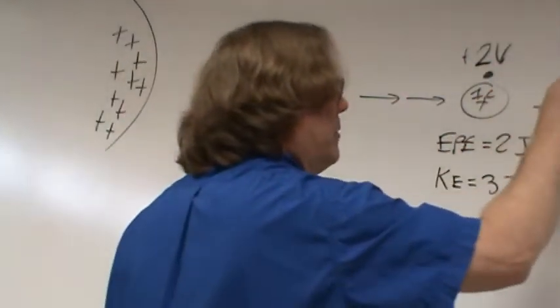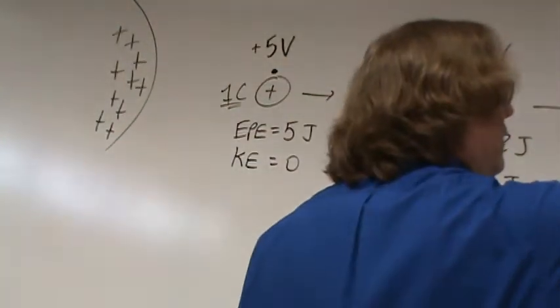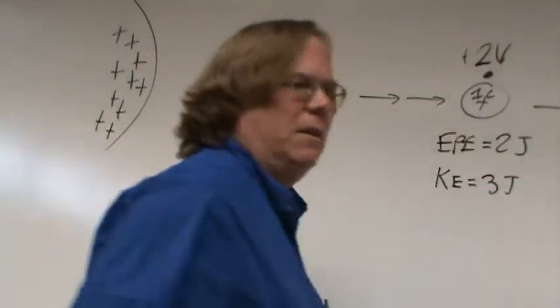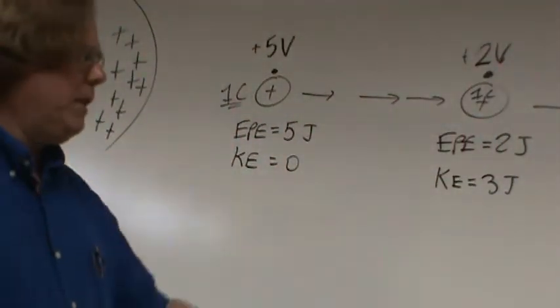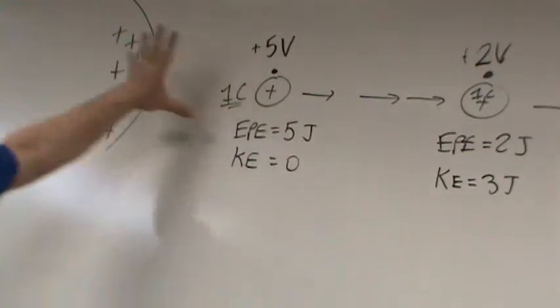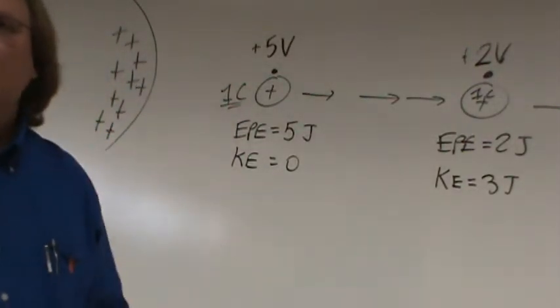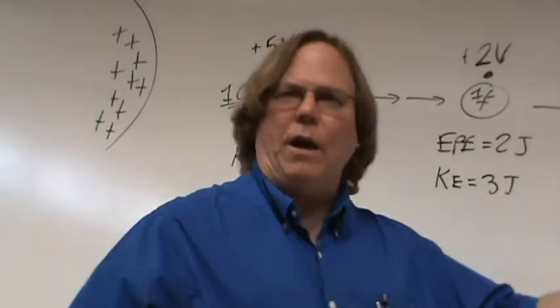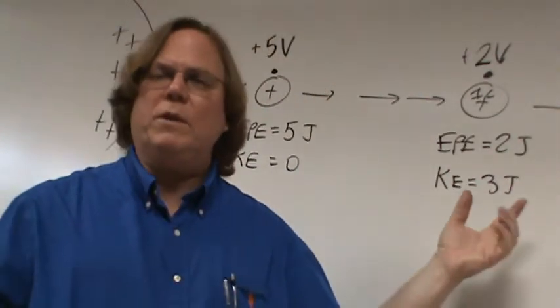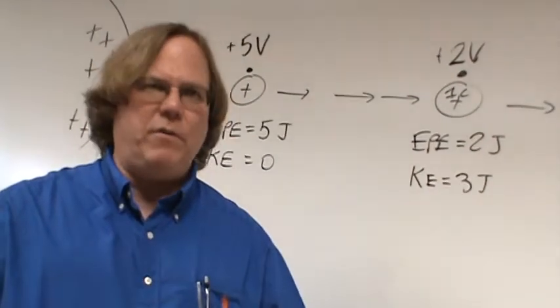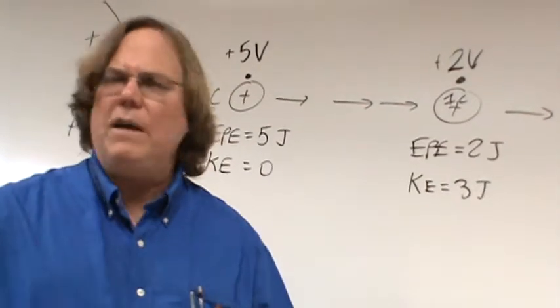Well, this guy keeps going until finally it gets to infinity. And what's the electrical potential energy going to be when it's infinitely far away from this repository? Say that again, Noel. Yeah, 0. Do you remember what other type of potential energy was 0 when the two things are infinitely far away from each other? Gravity. Yeah, gravity.